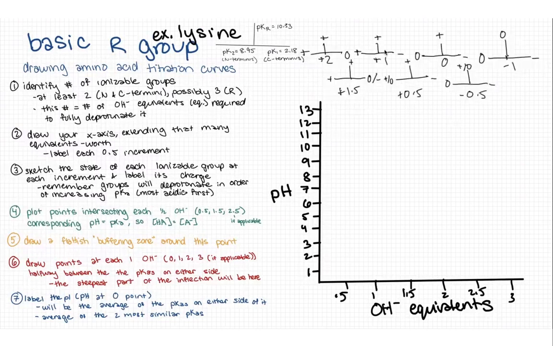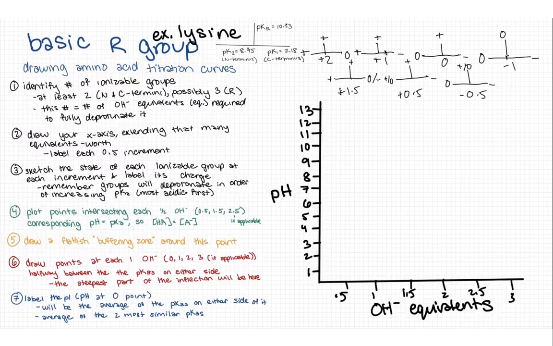Okay, so now let's go ahead and follow our instructions. So we've done 3. We've sketched the state of each ionizable group at each increment and labeled its charge. Now we're ready to actually plot things. So remember that when we start with the plotting, we're going to find the intersection where the pH equals the pKa, and we're at the halfway point in the number of OH minus equivalents for that ionizable group whose pKa we're talking about.